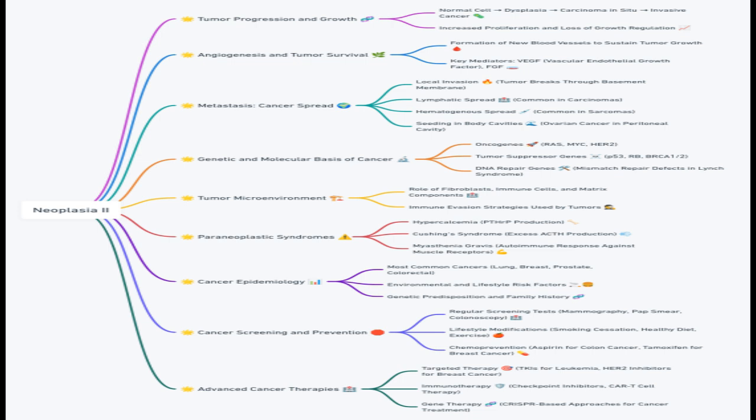And the cytological changes too, there's enlarged hyperchromatic nuclei, that's the dark staining, and there is pleomorphism, that's the variation in the size and shape of the nuclei.